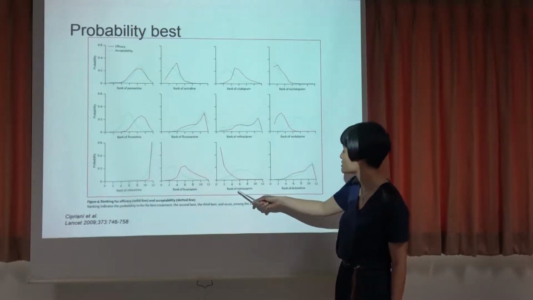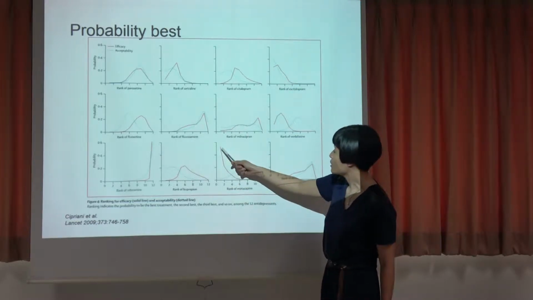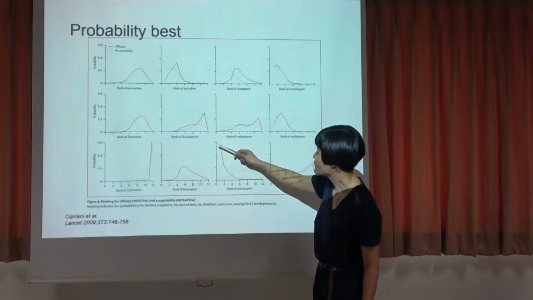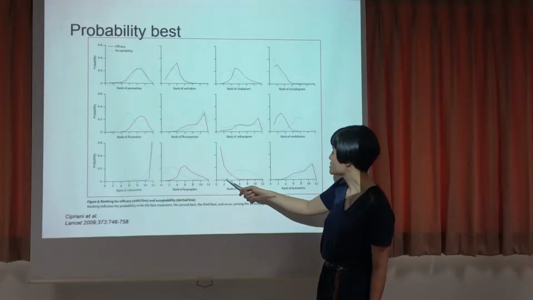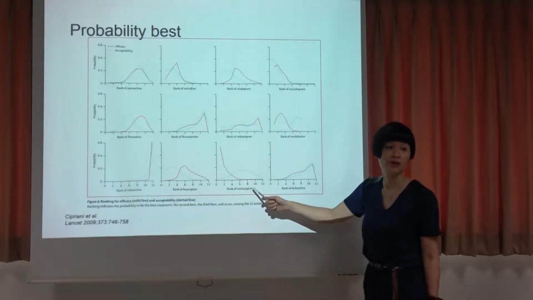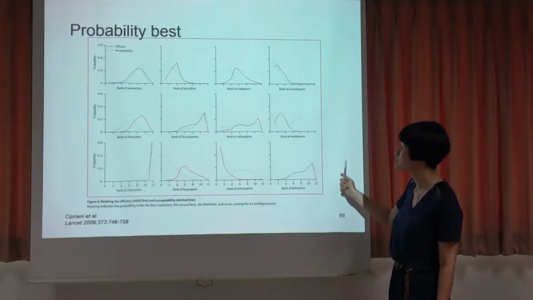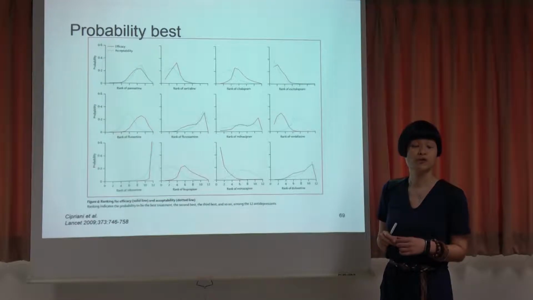So here you can really see that for mirtazapine, it's ranked number 1, the most likely to be ranked first for efficacy. But in terms of acceptability, it's not actually ranked first. So this is quite a useful way of looking at the different outcomes and the potential ranking of all your comparators.